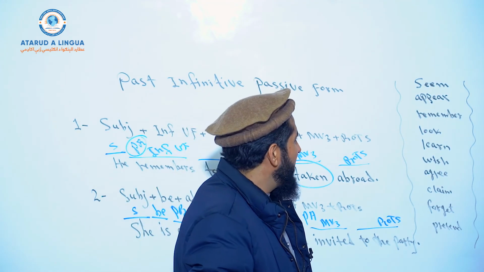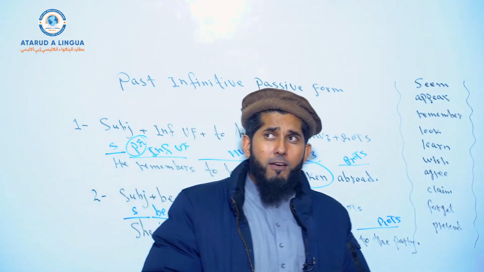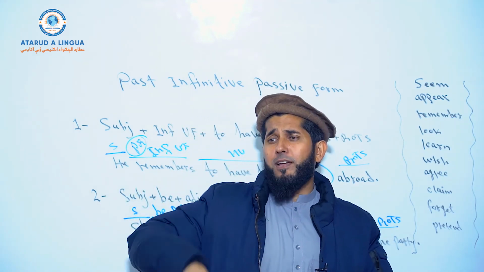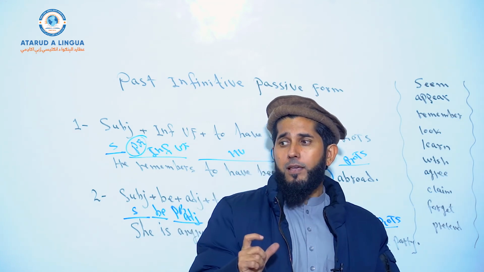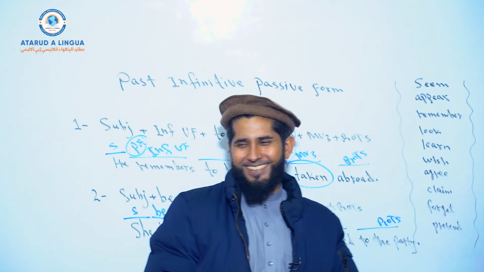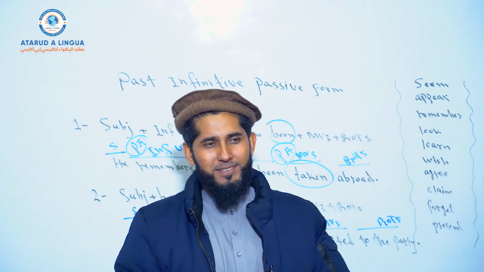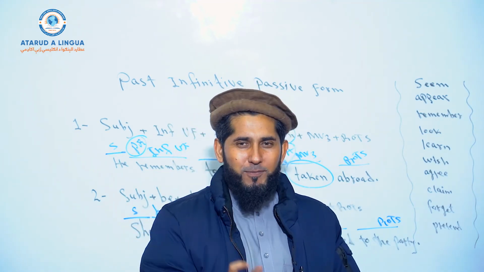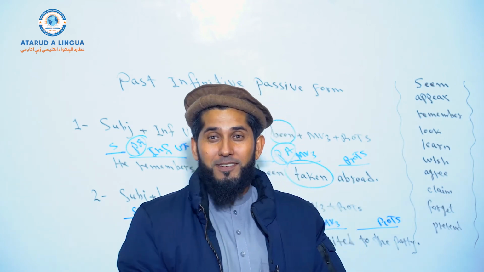Or he looks to have been given little money for his work by Mr. Sanjar. Okay, the marketing officer, the marketing manager. He seems to have been given little money for his work.